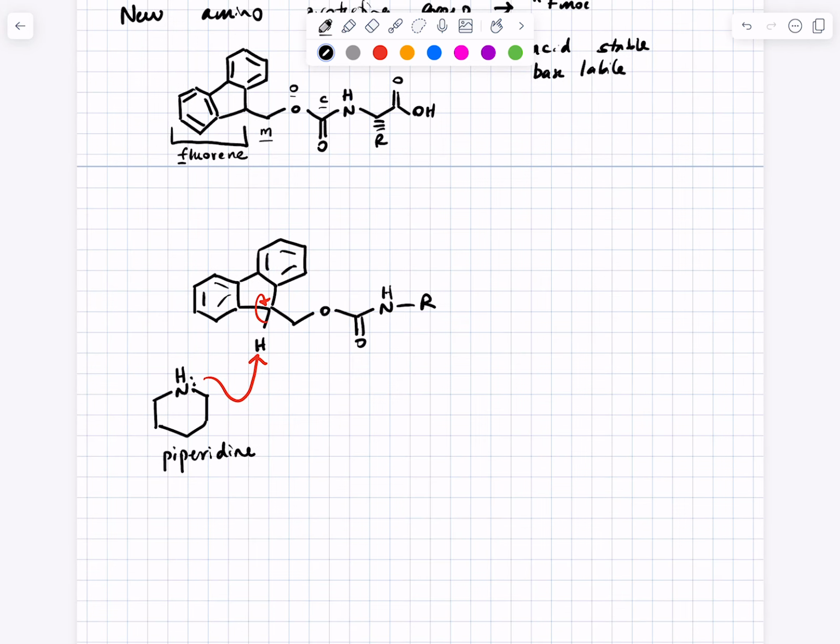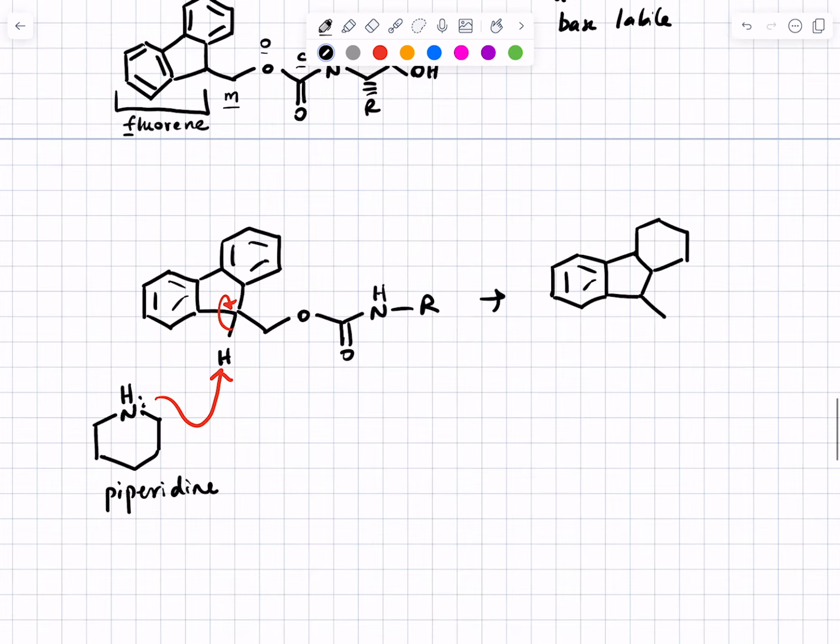There is a reason that proton is relatively acidic and removable, and the reason you should be able to answer based on what we talked about in a recent chapter. So ask yourself now, looking at that anion, is it fully conjugated?